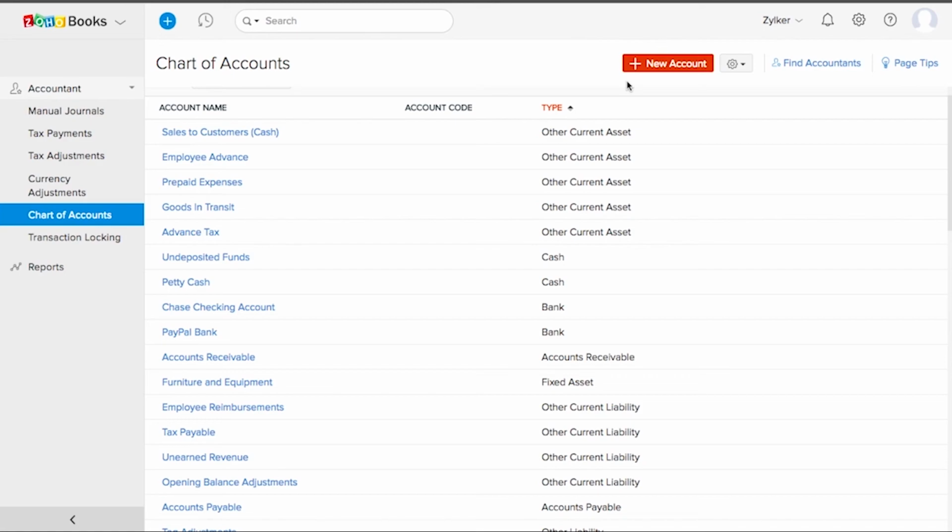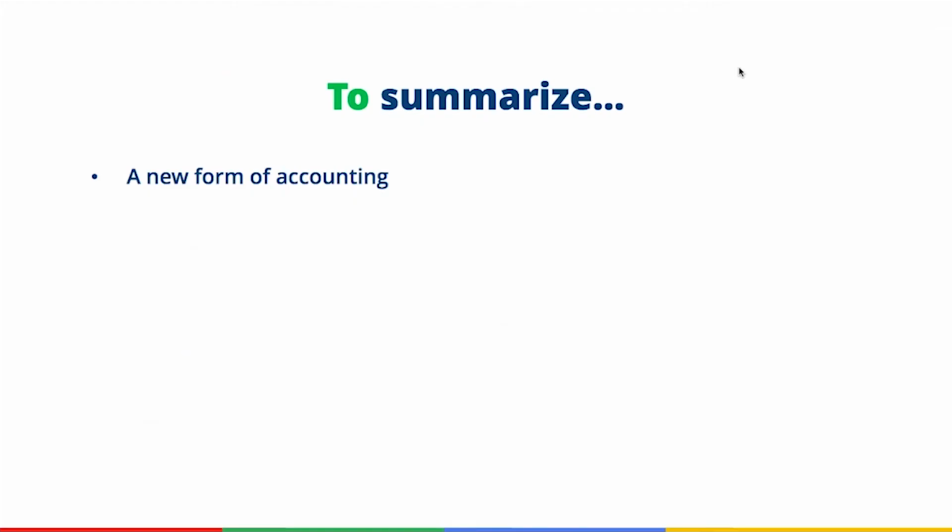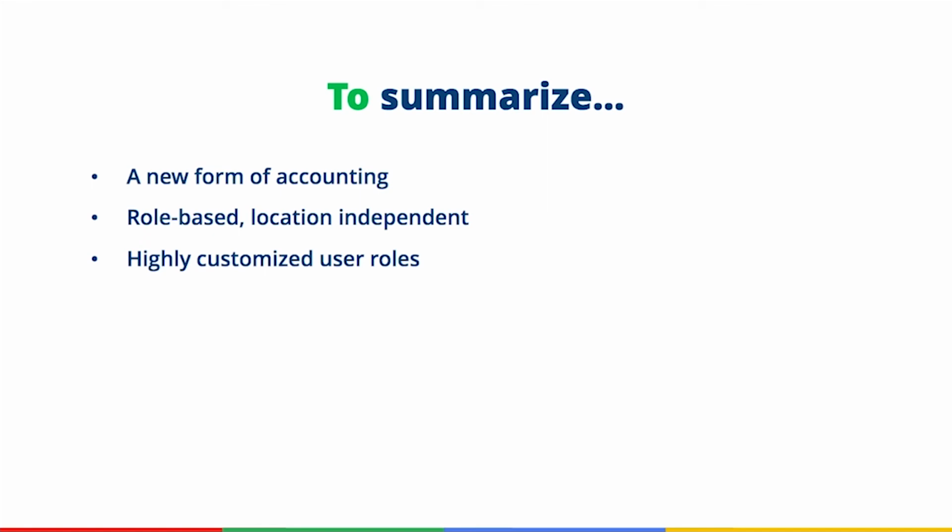Just to summarize what we've been talking about today, there's this new form of accounting which is completely multi-user. It's based on the specific role of the particular employee in your organization, and it's completely location independent. It's highly customized. Everything about this is customized to a very minute level.